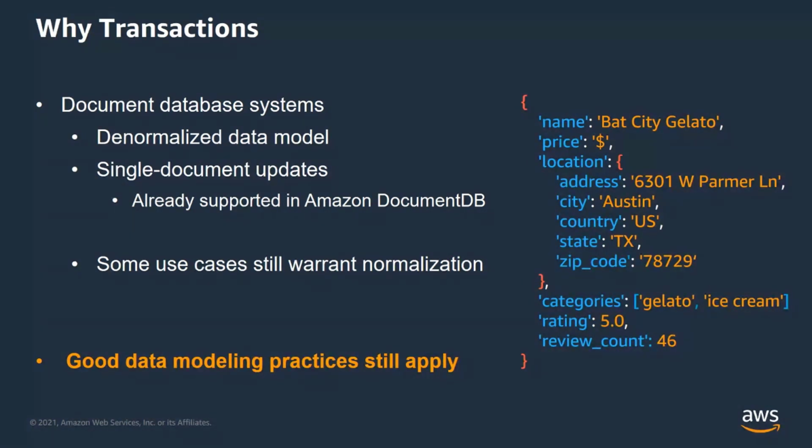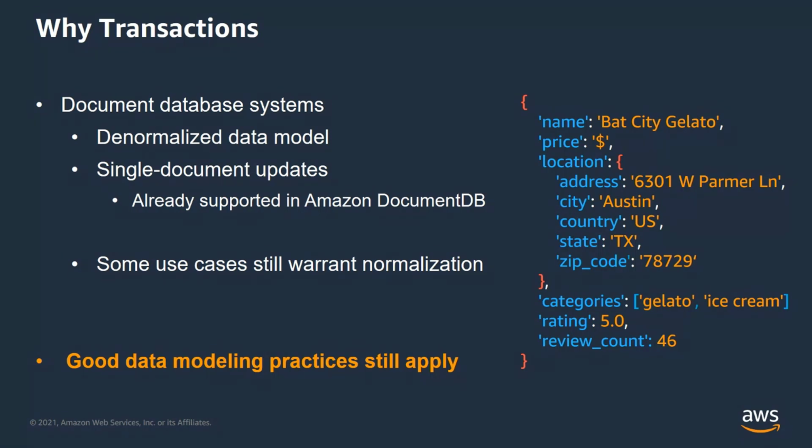Denormalization is also used in the relational world, usually more in data warehousing, but you definitely see it in the SQL world as well. And in those cases, it's also there to increase performance. So we have this denormalized data model. Some of the updates that I was describing previously, to update multiple tables, would now be multiple fields within the same document. And we already have that.